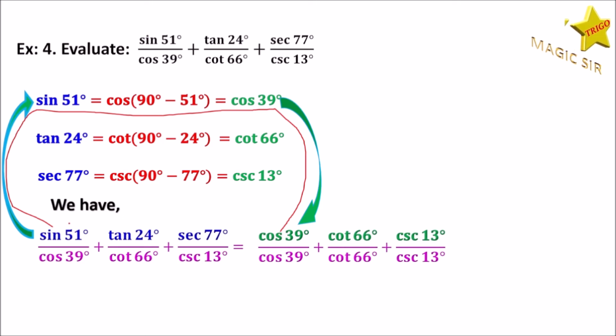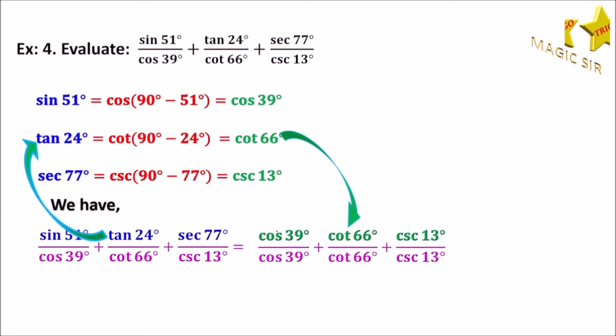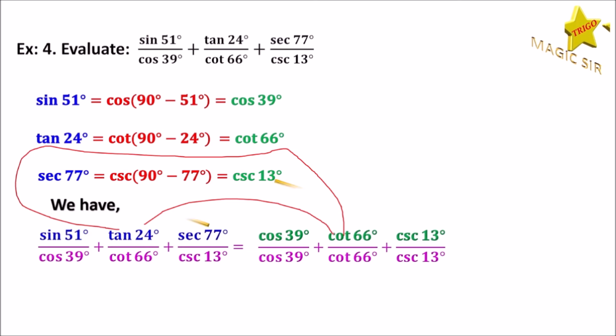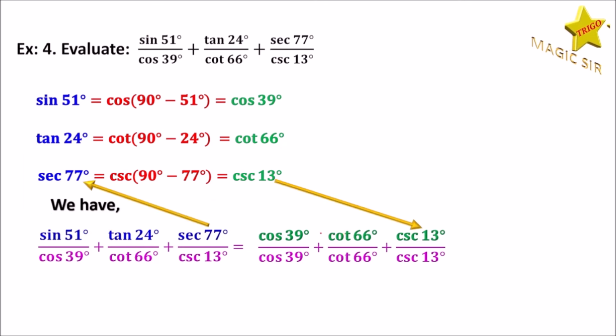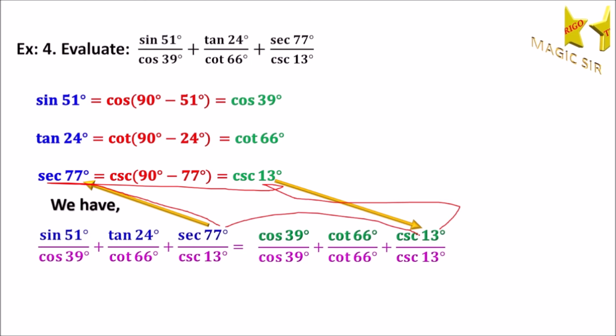The numerator of the second term is tan 24 degrees, and tan 24 degrees is equal to cot 66 degrees. So we write tan 24 degrees equal to cot 66 degrees. The numerator of the third term is sec 77 degrees, which is equal to cosec 13 degrees. So we write sec 77 degrees equal to cosec 13 degrees.